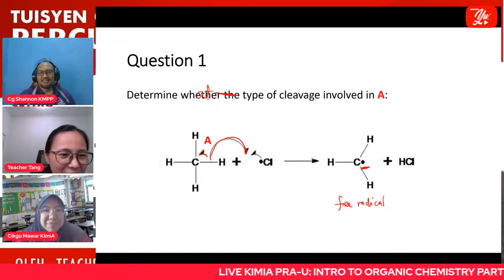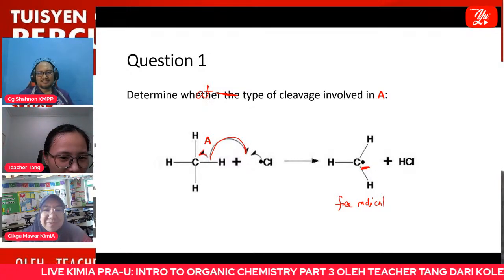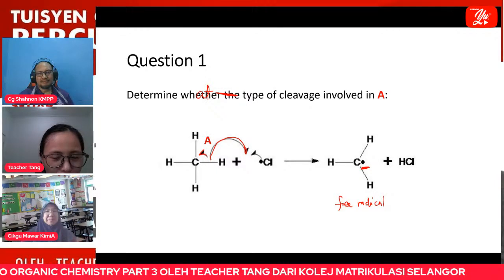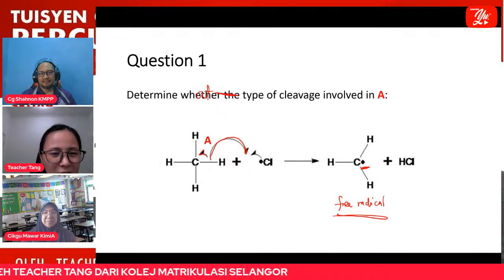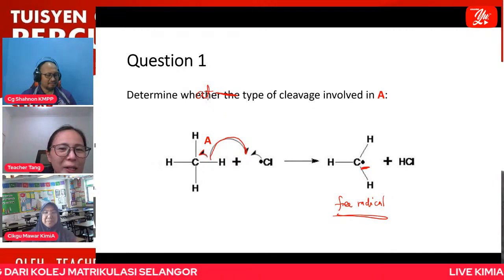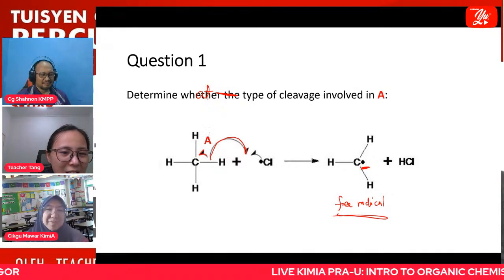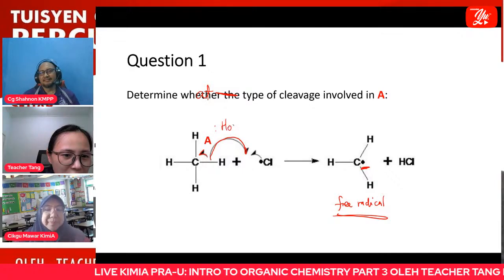Okay, you see a half-headed arrow during the bond breaking. The half-headed arrow represents the bond breaking, and at the end you get a free radical. So this indicates that this bond cleavage is homolytic cleavage.